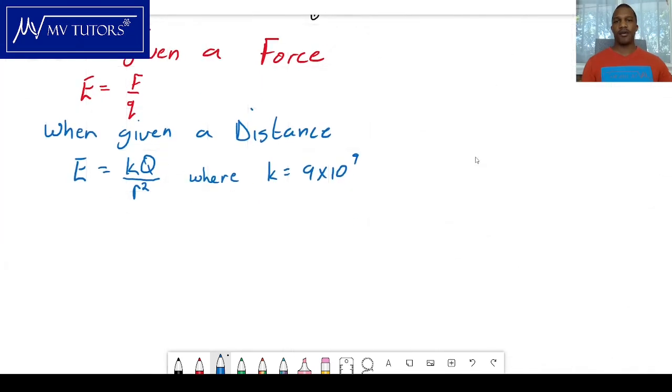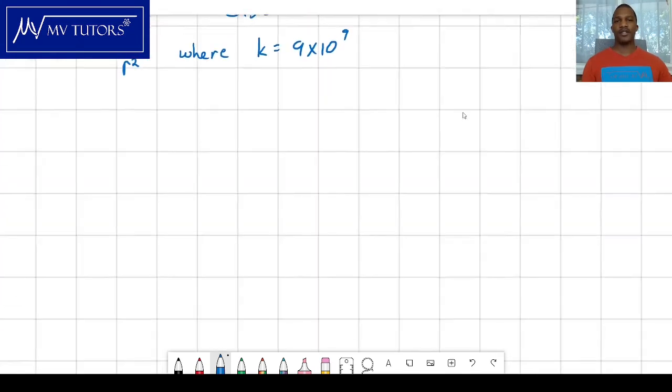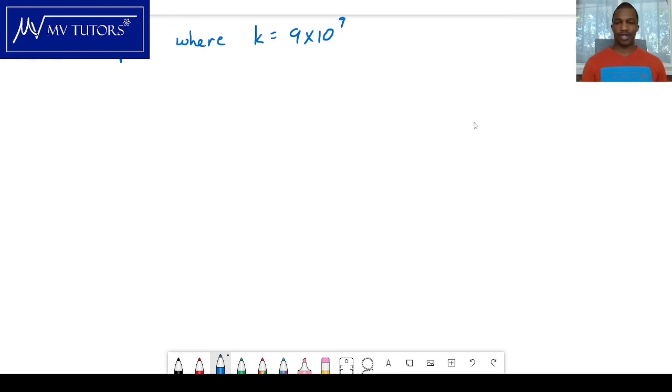Okay, now while we're on that topic of electric charge, there's something else I want you to be aware of. It is the net force between charges. Let's say you're given 3 charges.